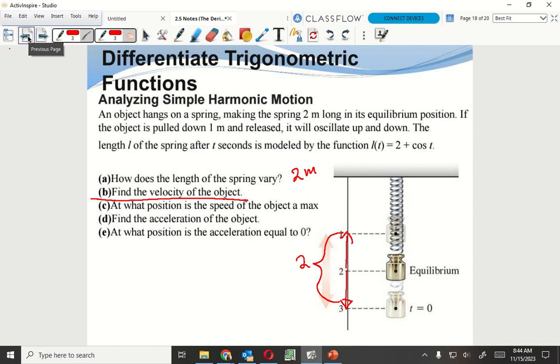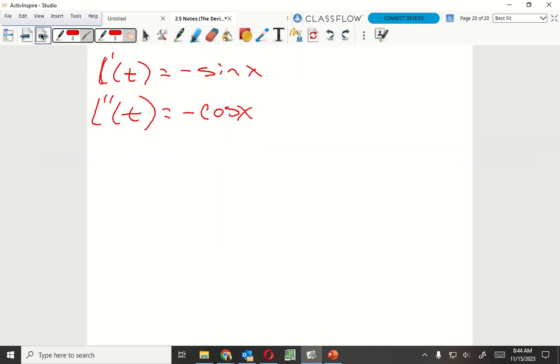At what position is the acceleration equal to 0? Okay, let's see when the acceleration is equal to 0. Now, what would that mean if you're thinking about Denny and driving? What would it mean if his acceleration is 0? What do you got, Meow?